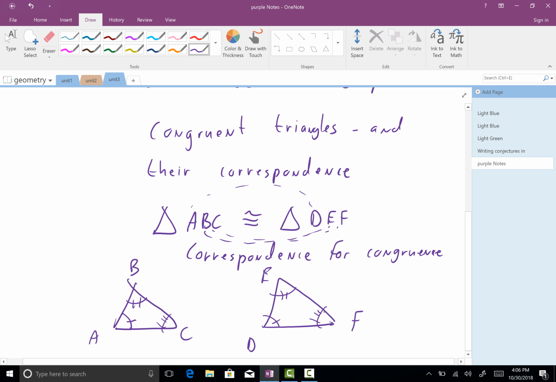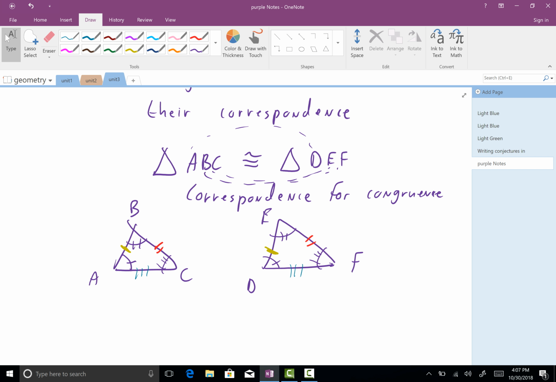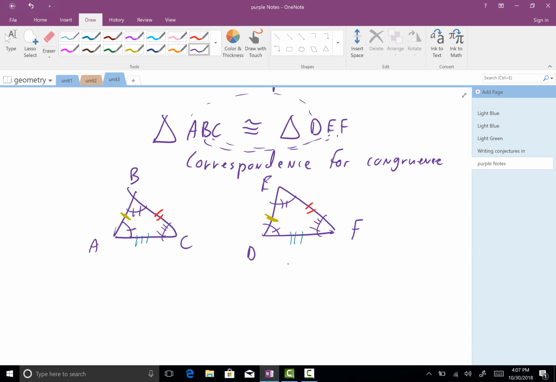Then we would have sides, so AB corresponds to DE, BC corresponds to EF, and DF corresponds to AC. So there's our congruent parts in the triangles.